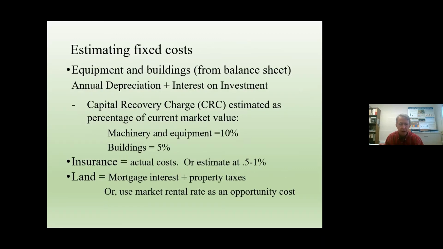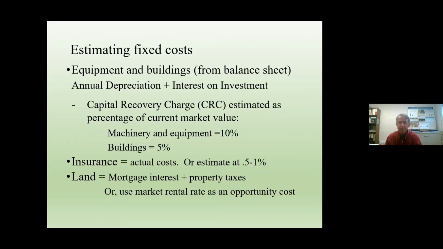A popular convention to use to place a value on some of these fixed costs would be the capital recovery charge, basically an estimate of annual depreciation, considering acquisition cost, useful life, salvage value, current market value, and the effective interest rate over the time that we own that, plus, yes, interest on that investment.